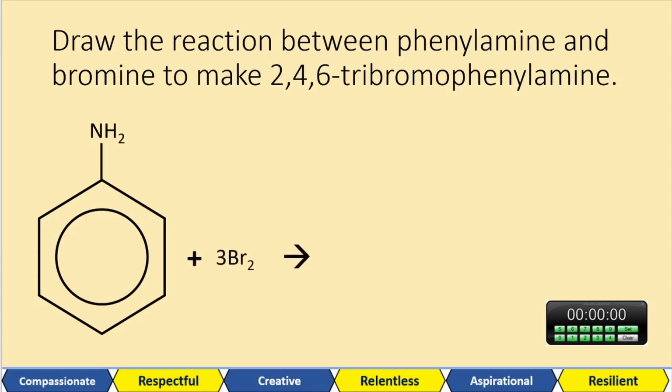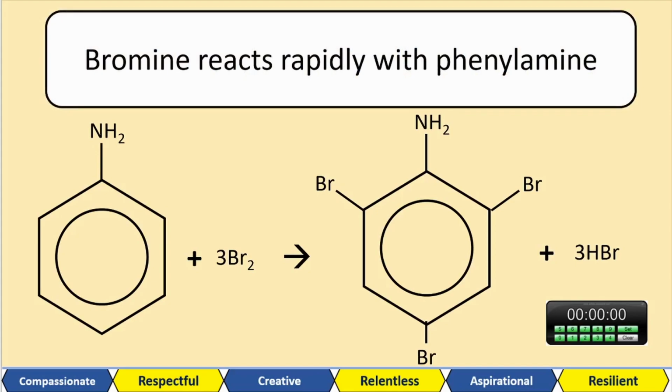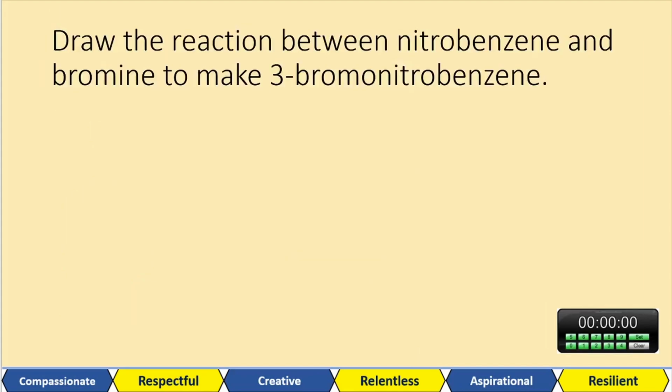So we've got 3 lots of bromine, and that reacts to make 2,4,6-tribromophenylamine. And obviously, because we've substituted that hydrogen that was on the aromatic ring, we're going to make hydrogen bromide, 3 moles of hydrogen bromide as well. And bromine actually reacts very rapidly with phenylamine. Keep that in mind. Now have a go at this activity.